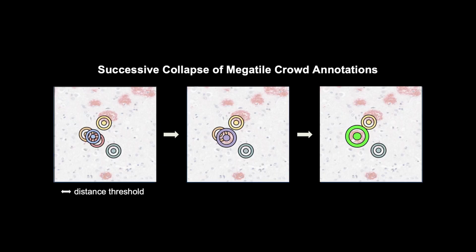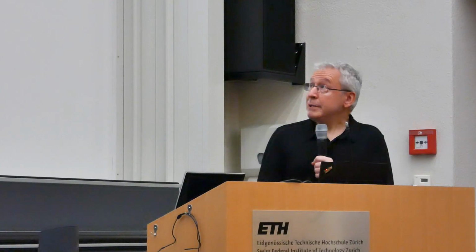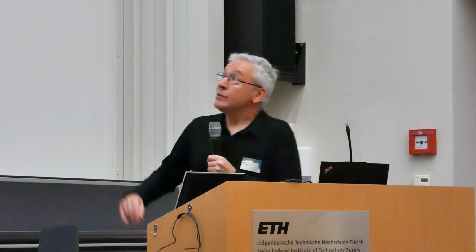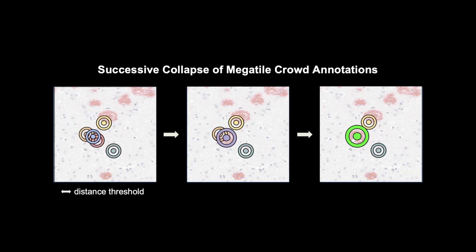We came up with this wisdom of crowds method that we call successive collapsing. The simple idea is that if you take a bunch of megatile annotations from several different volunteers, imagine that each color represents a different volunteer, then we can use a proximity metric, and we can say, okay, if things are within this kind of distance threshold, you can't really see my pointer, but you can see there's a distance threshold there.